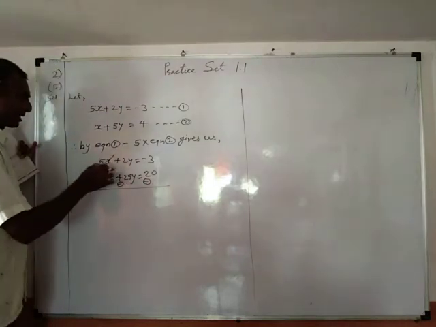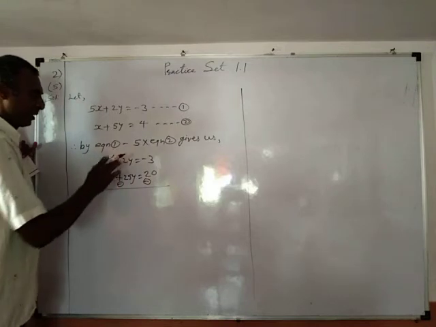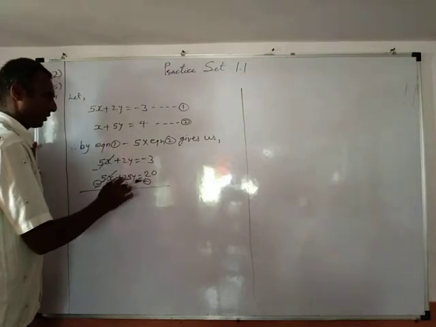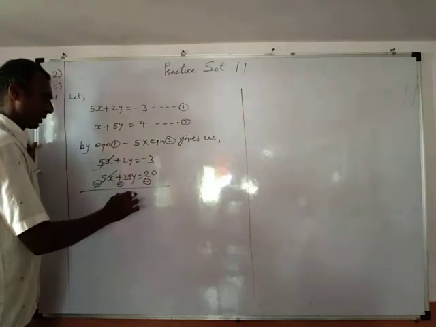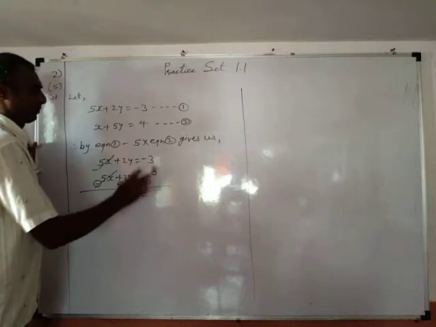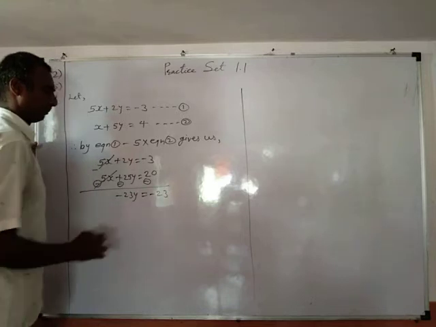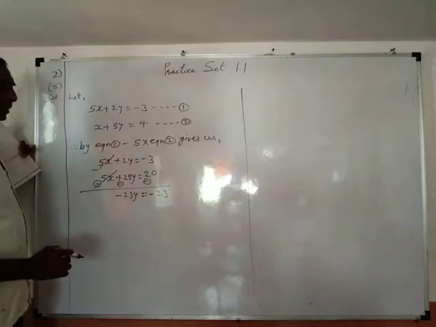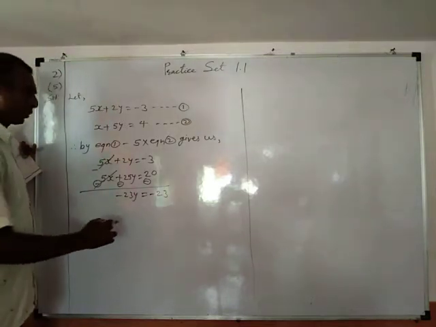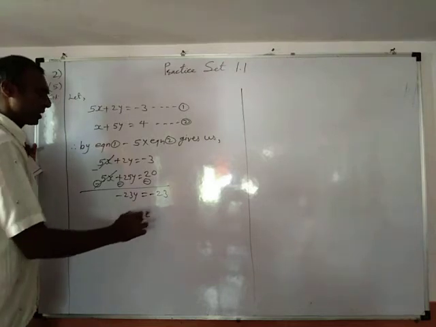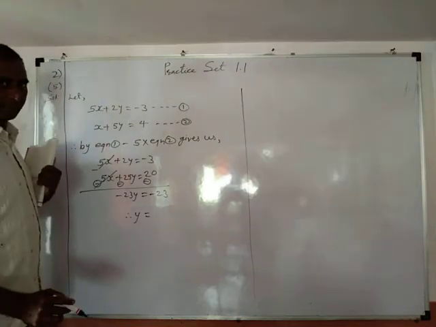Plus 5x minus 5x will cancel each other. Plus 2y minus 25y gives us minus 23y equals minus 3 minus 20 will be minus 23. Minus 23y equals minus 23 and therefore y will be minus 23 upon minus 23.